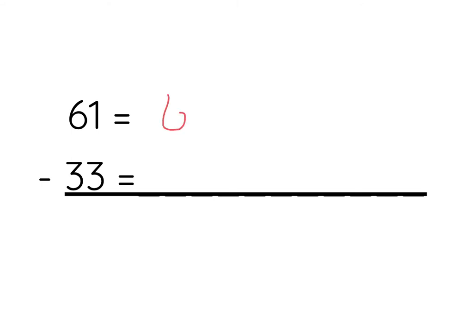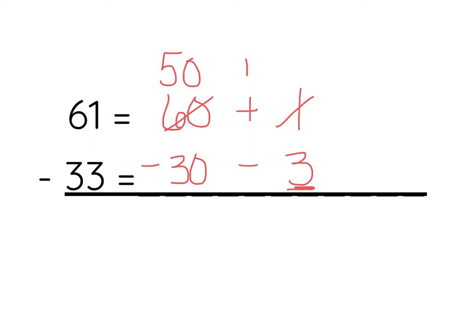All right, 60 plus 1 and minus 30 minus 3. Again, big digit is on the bottom, so we need to do some thinking as to how we want to solve. We're going to rename 60 plus 1 as a 50 plus 11.